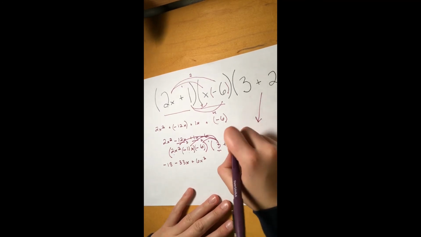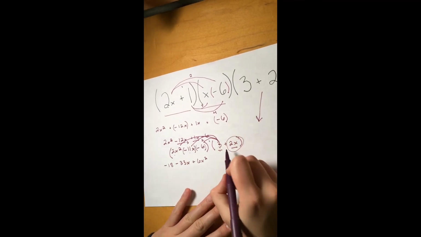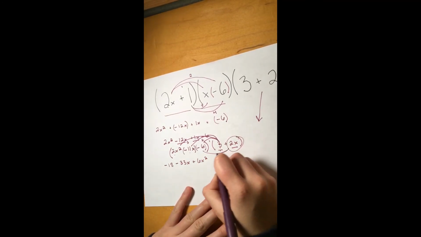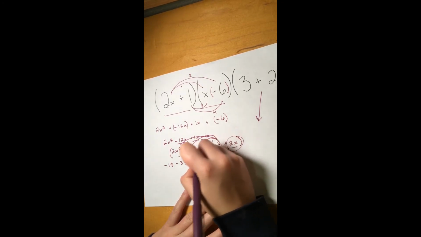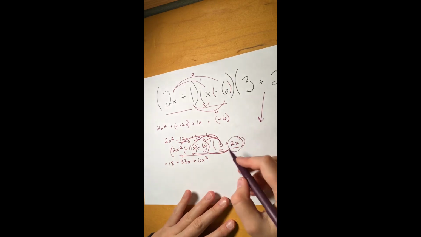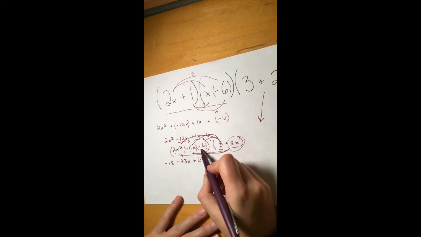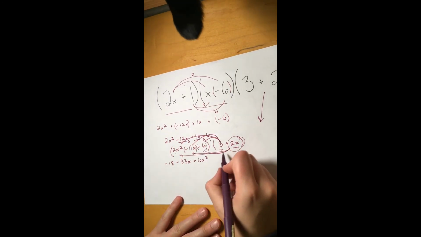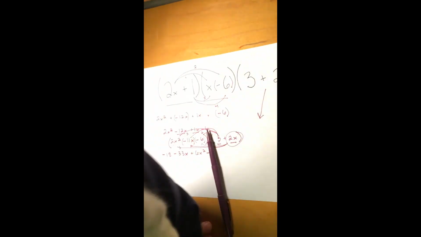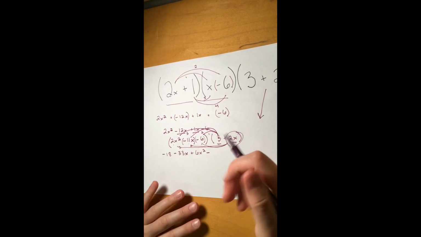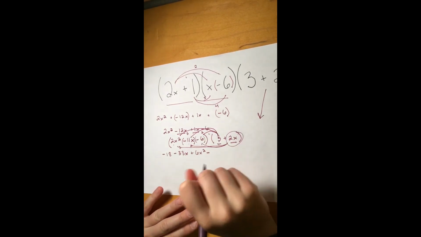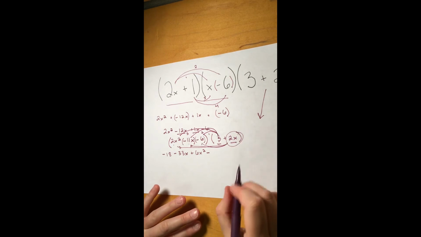Now we can move on to our second term. And again, we'll go 1, 2, 3. 2x times a negative 6 is negative. Here you'll notice that I'm dropping my pluses in between and just holding my negatives.